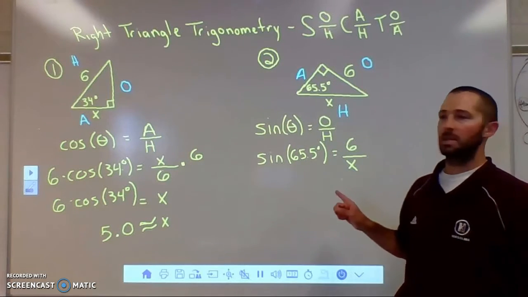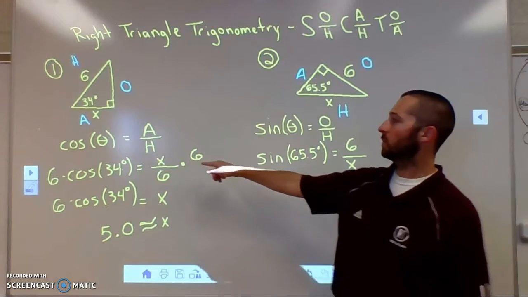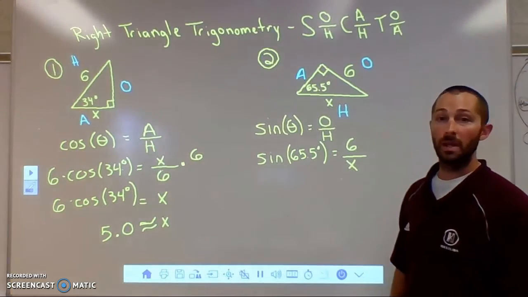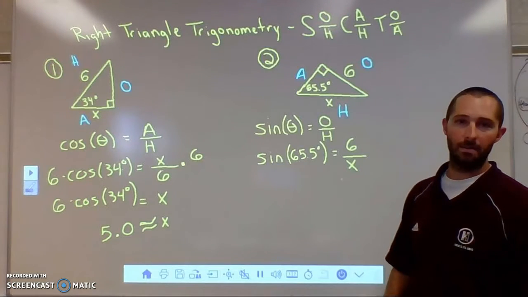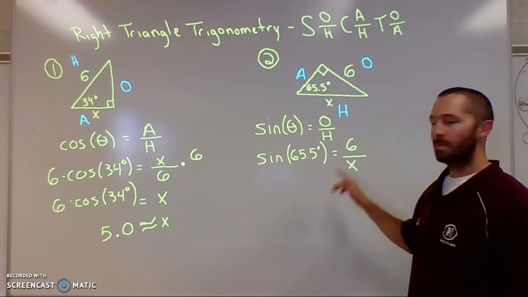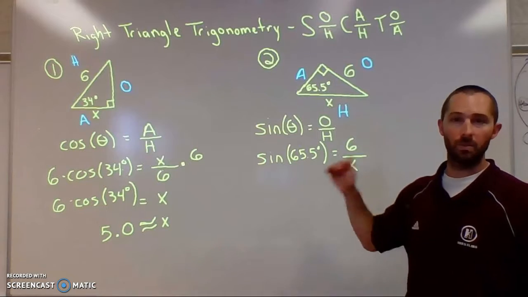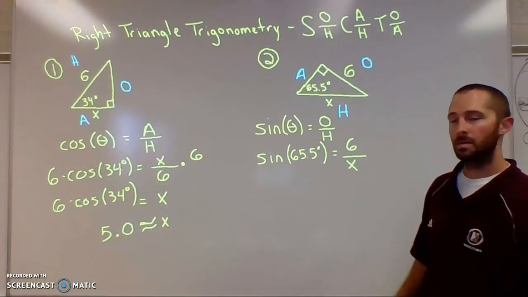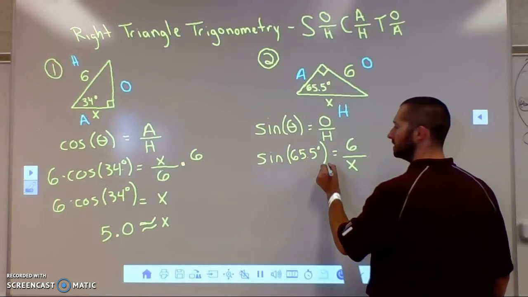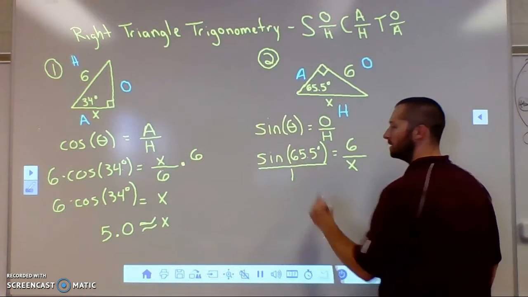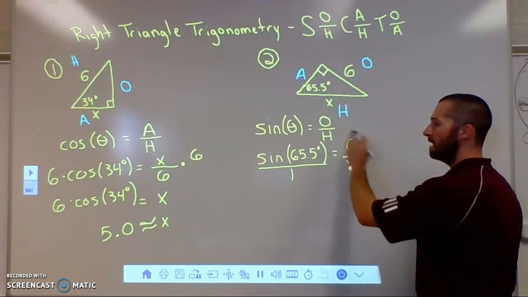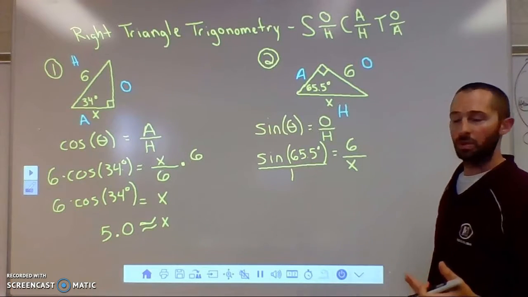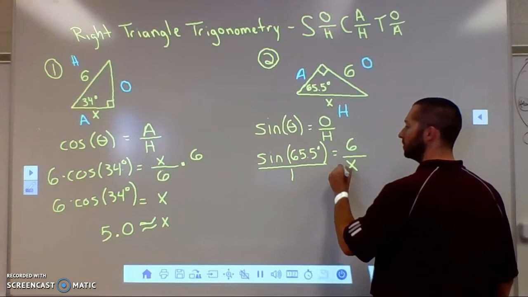Now it's a little bit different in this one than the previous one. In the previous one, x was already in the numerator, I had to just multiply by 6. Here, x is in the denominator, so dividing by 6 is not going to work here because x will still be in the denominator. And so here's my suggestion. I want to make the left-hand side a fraction. Now what I have here is one fraction equals another, it's a proportion. I can cross multiply.